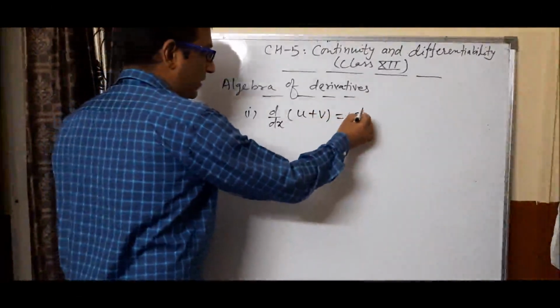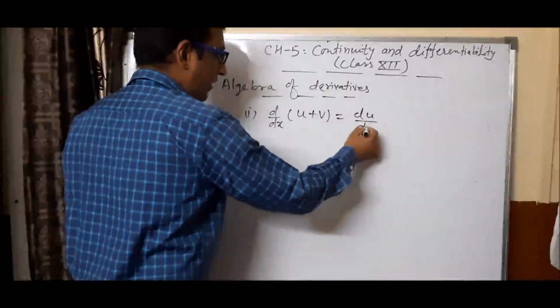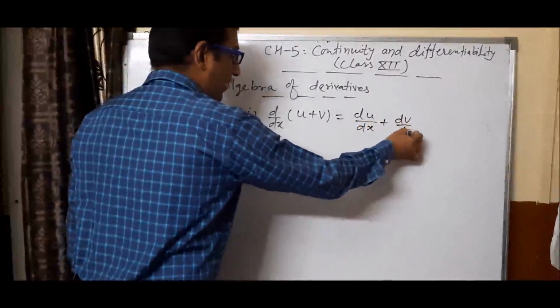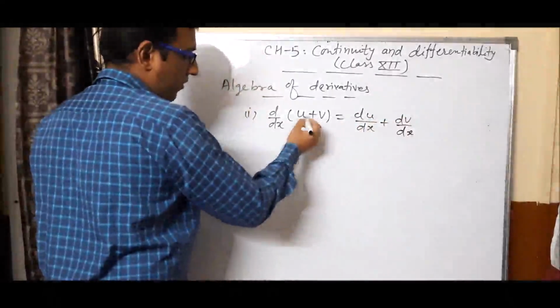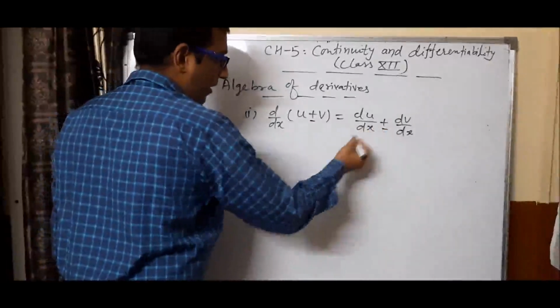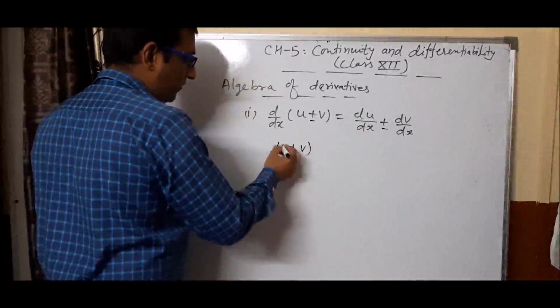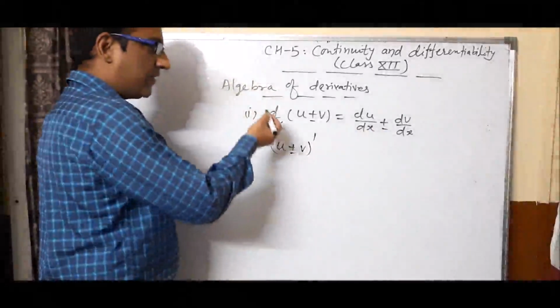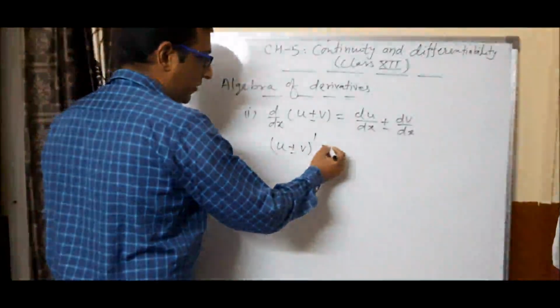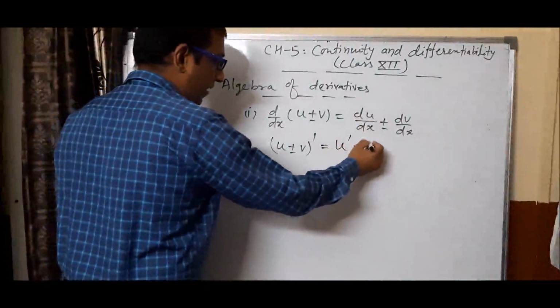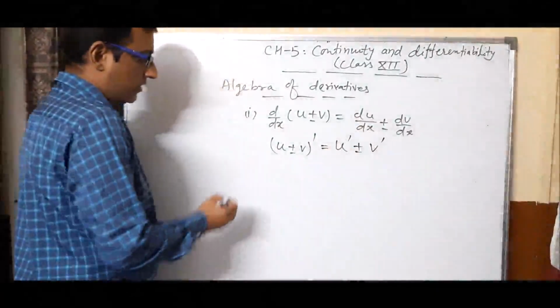It can be written as du/dx plus dv/dx. If we take minus sign here, again minus sign will come. It means it can be written as (u plus minus v) dash, for differentiation, and du/dx can be written as u dash plus minus v dash.